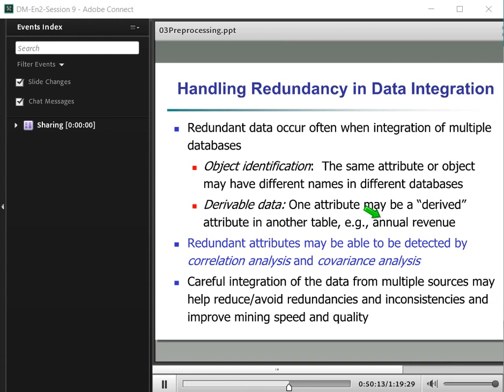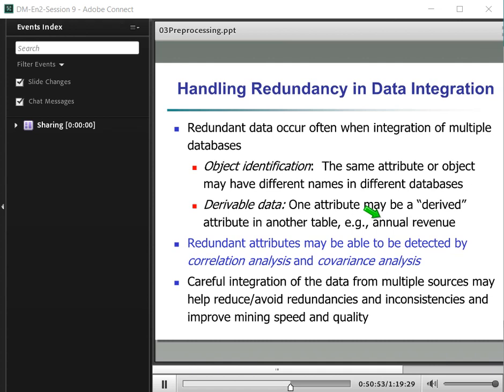Because attribute 1 has a similar effect to attribute 2.